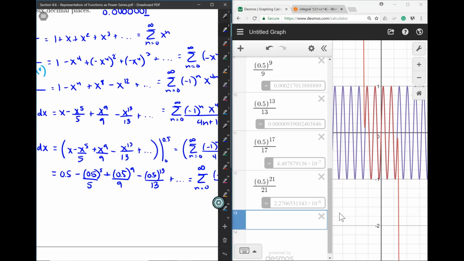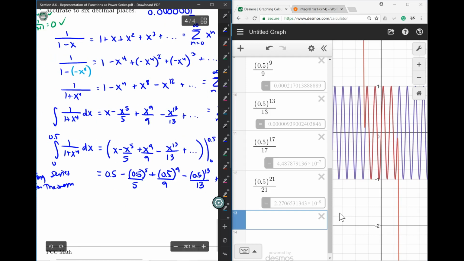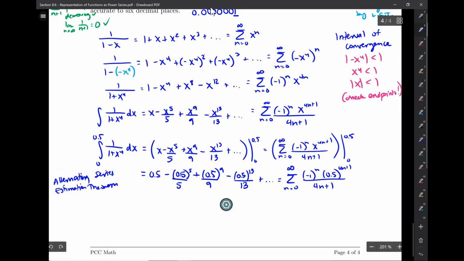So I'm going to do an approximate sign here now. We are going to pull Desmos back up in just a second to do our number crunching. So we're going to say this is approximately 0.5 minus 0.5 to the 5th over 5 plus 0.5 to the 9th over 9.